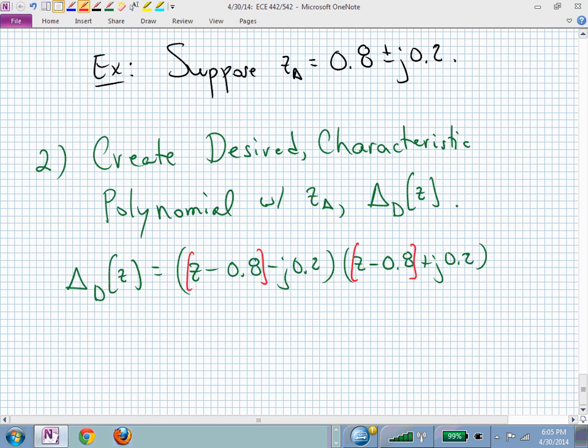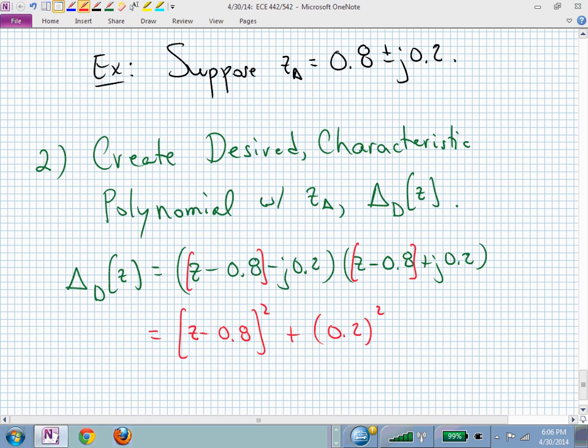But we still end up with z minus 0.8 squared, and we have a minus j squared, which gives us a plus 0.2 squared. So when you write down z minus 0.8 plus or minus j0.2, you could have immediately written down this structure for your characteristic polynomial.